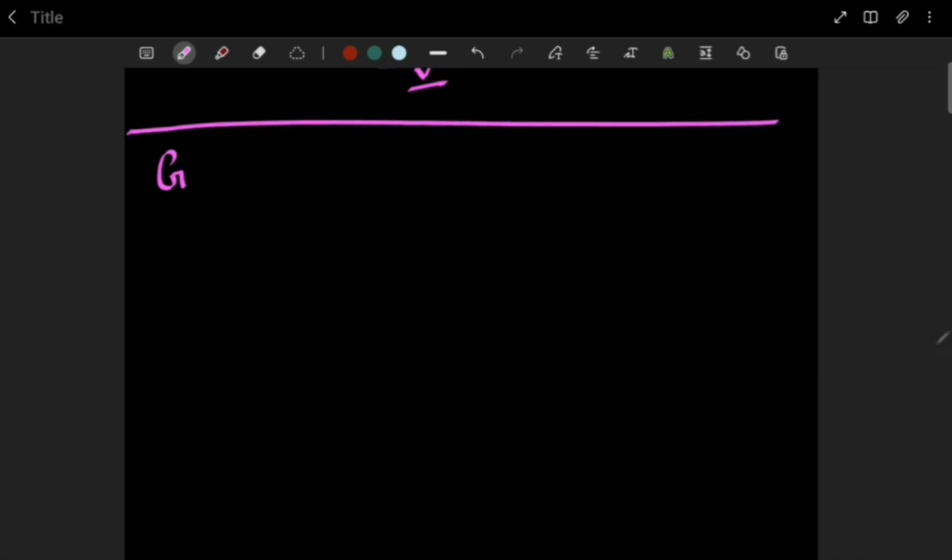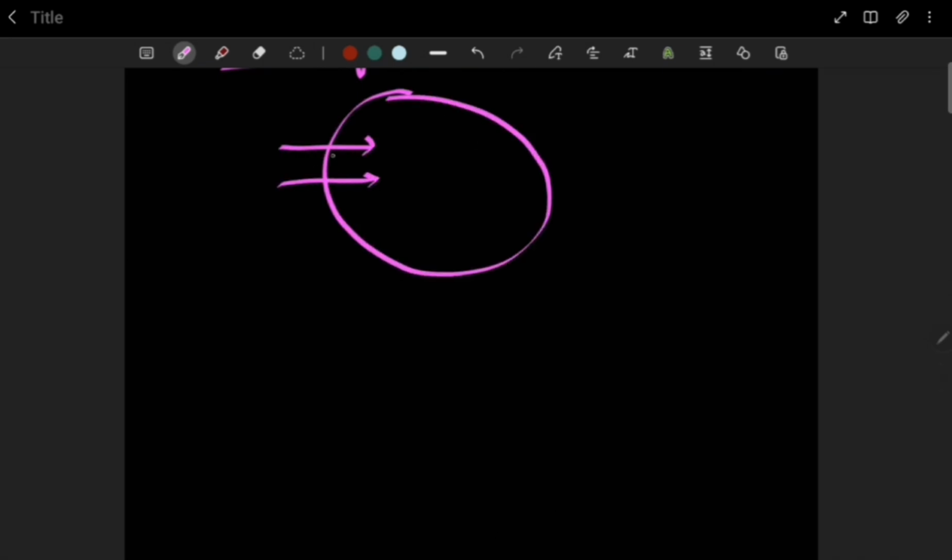Now we come to the Gitelman syndrome. So we know in the distal convoluted tubule there is a sodium chloride symporter.